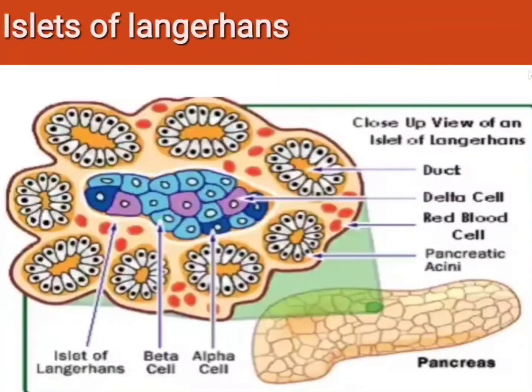Here you can clearly see the islets of Langerhans, present in millions in the pancreas, about 1 to 2 million.